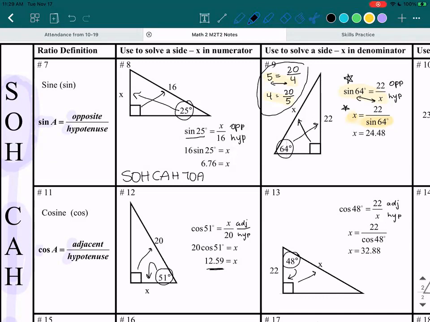So we put it together. Cosine of 48 degrees is adjacent over hypotenuse, and that is 22 over x. Cosine of 48 is 22 over x. Once again, we can switch the x and the cosine of 48. So now x is equal to 22 over cosine of 48. Then you type it in on the calculator and you get your final answer. Any questions on those two boxes?